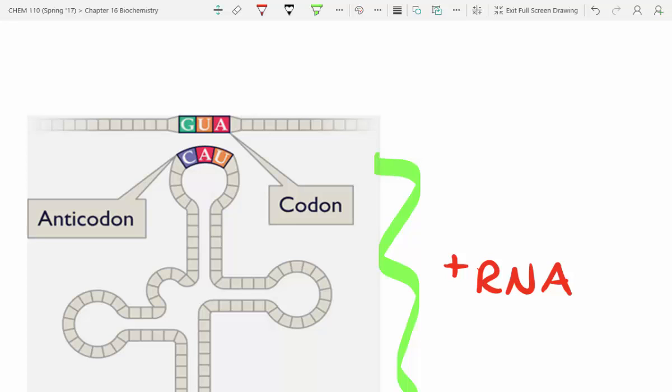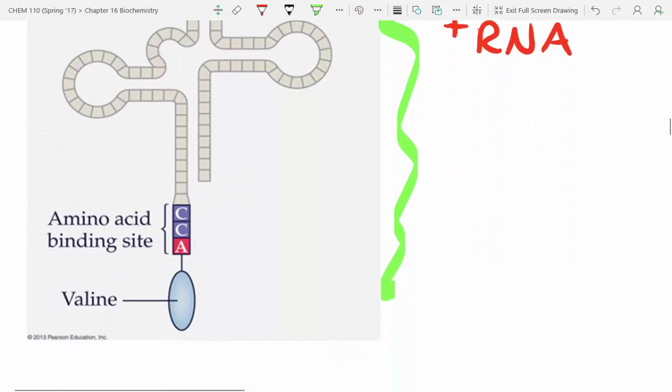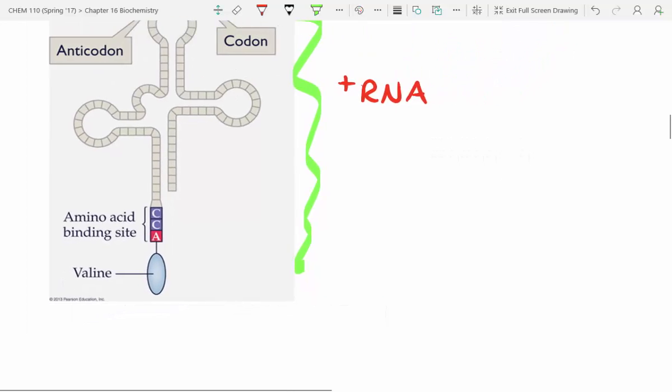There's a ton of these tRNAs floating around in a cell. And it's really important because this anticodon basically tells you what amino acid is dangling off the end. So, for example, that anticodon is selective for valine in particular. So each tRNA has a specific codon, or I keep on saying codon.